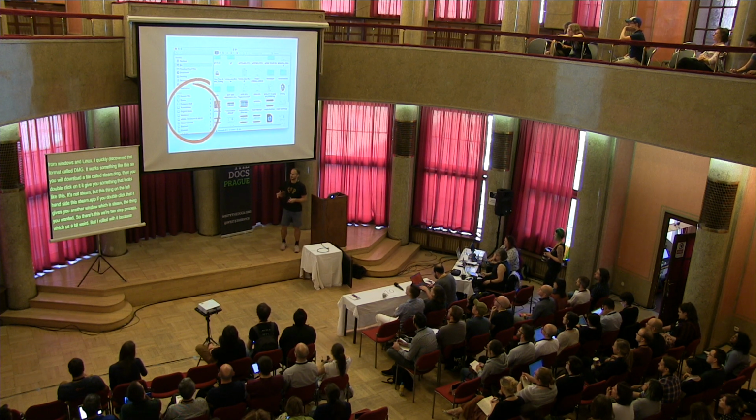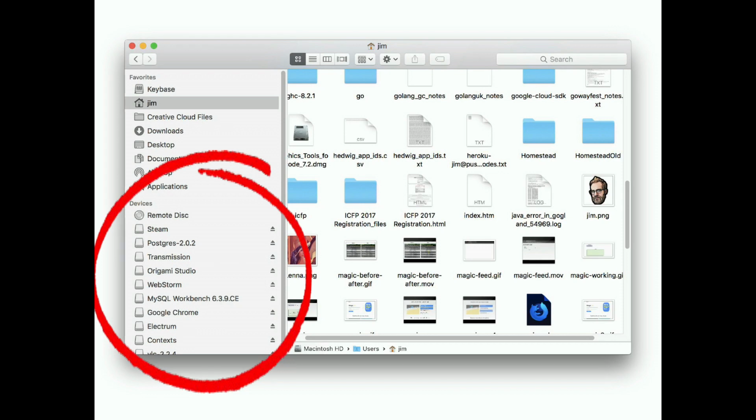And after a while, I got all of my applications, and you can see them here in the Finder in macOS down the left-hand side. So you can see I've got Steam, I've got MySQL Workbench, I've got Google Chrome. It's a bit weird that they're all listed as devices, if you can see that.